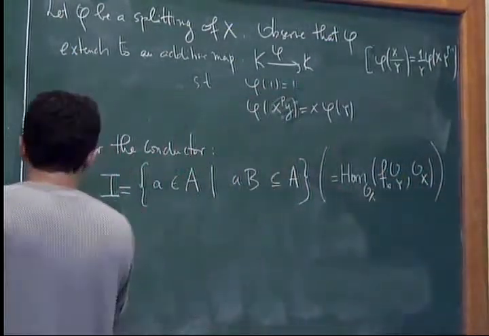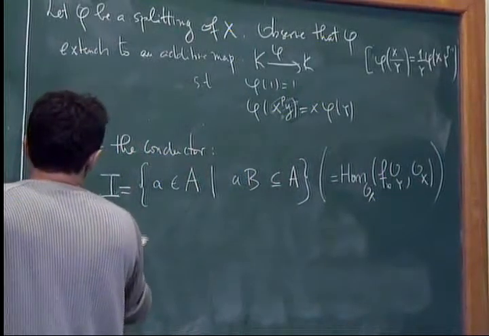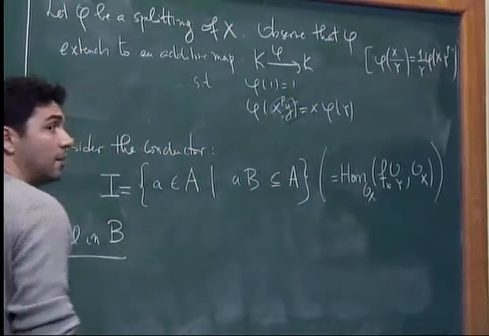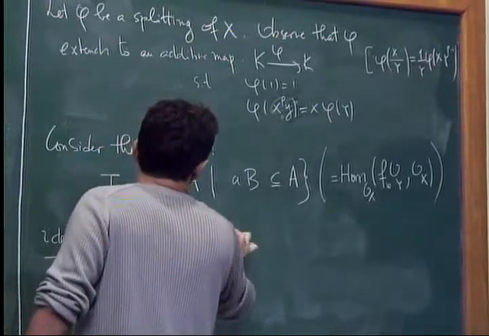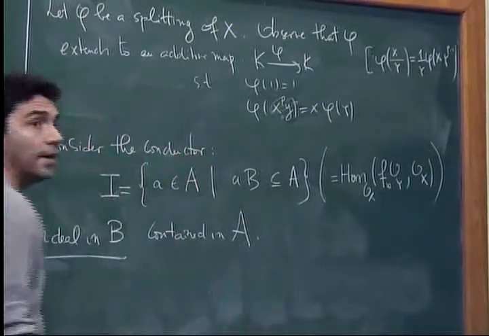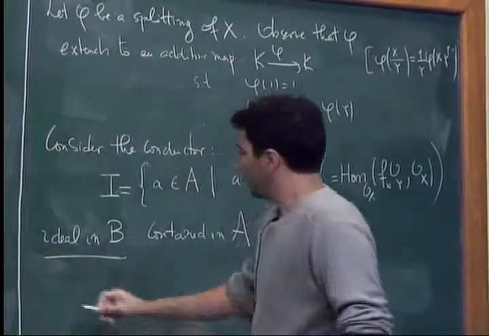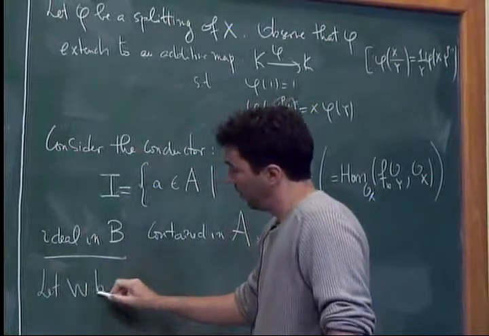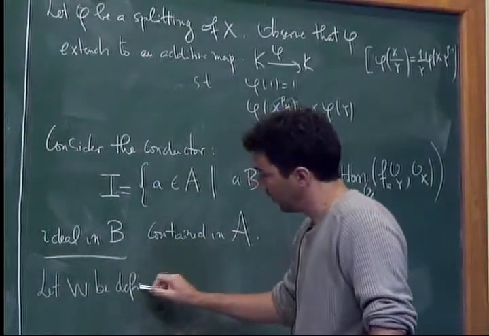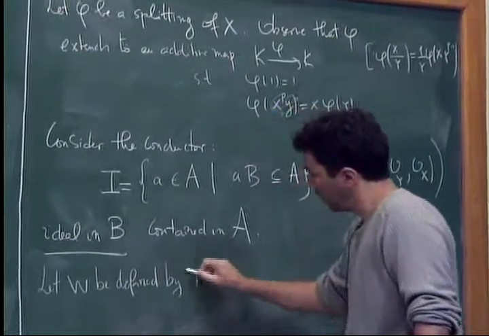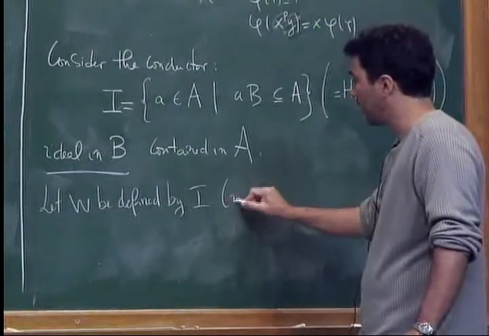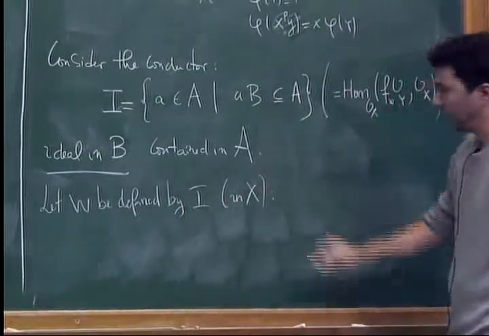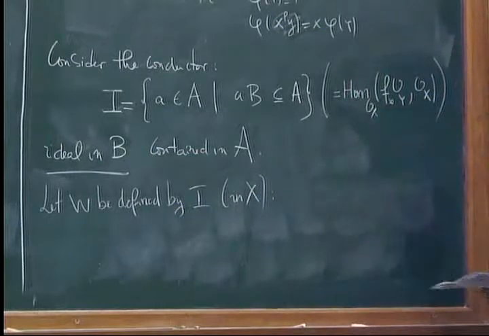So this is an ideal of B contained in A. Okay? So let now W be the closed subscheme defined by I in X. What do we have?